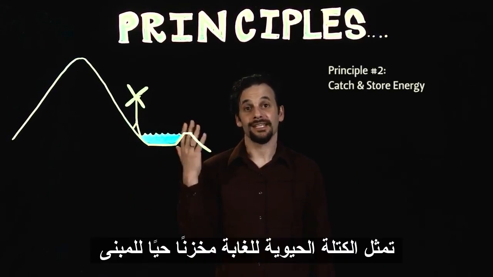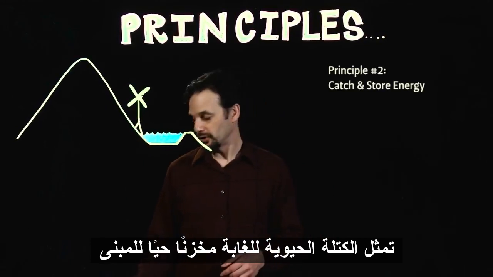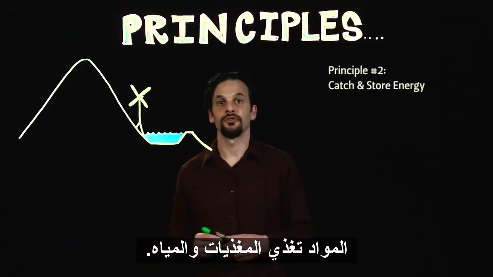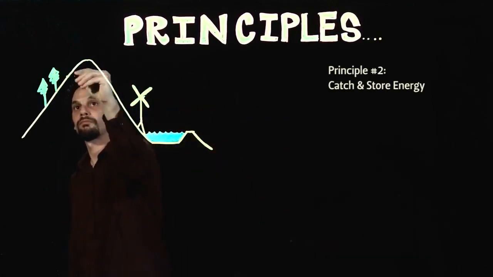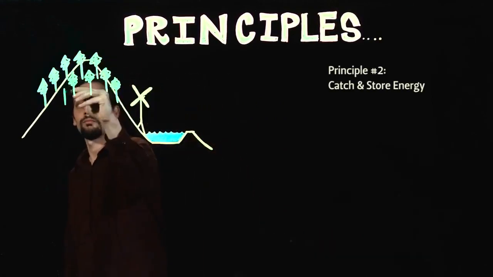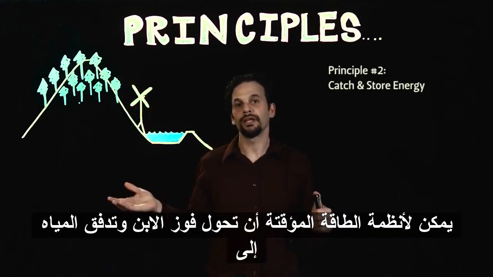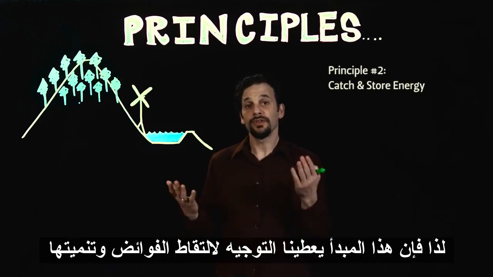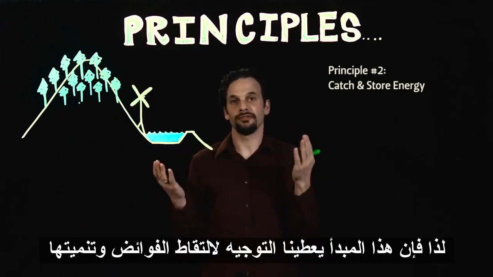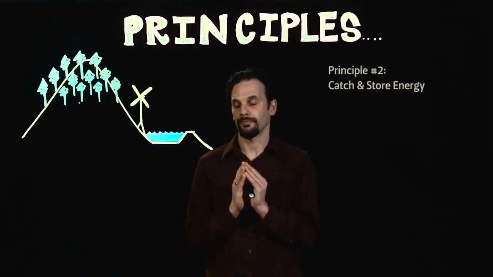The biomass of a forest represents a living storage of building materials, fuel, nutrients, and water. Alternative energy systems can turn wind, sun, and flowing water into electrical energy. So this principle gives us the directive to capture and grow surpluses in our system.